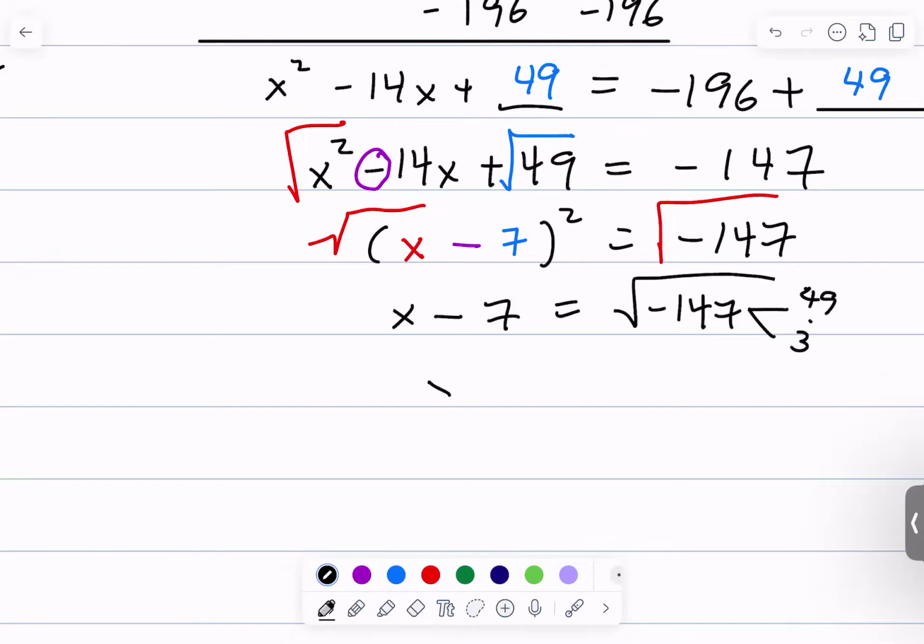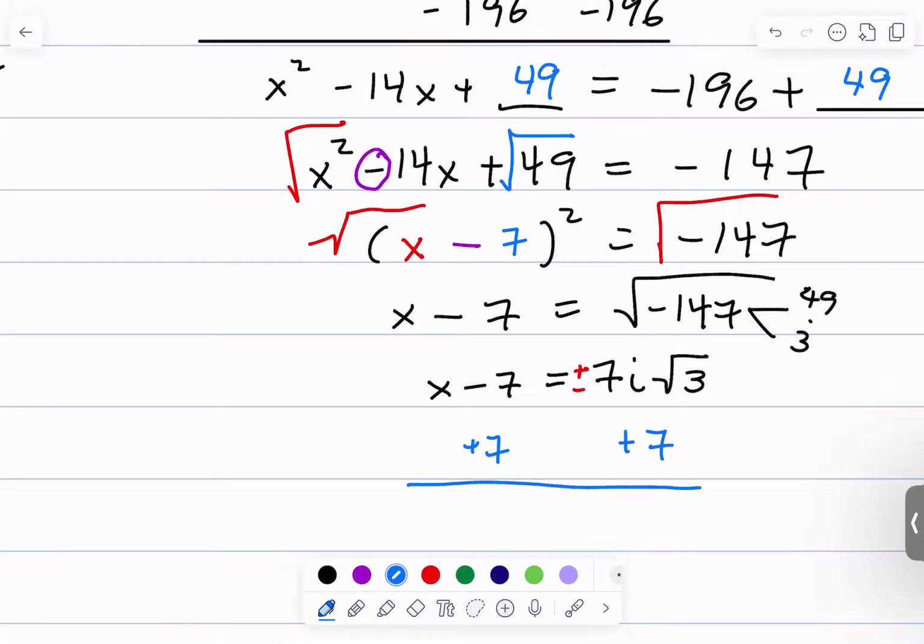So x minus 7 equals, square root of 49 is 7. It's a negative, so there's an i, square root of 3. What did I forget? Plus or minus. And then I'm going to add 7 to both sides. And your solution would be x equals 7 plus or minus 7i square root of 3.